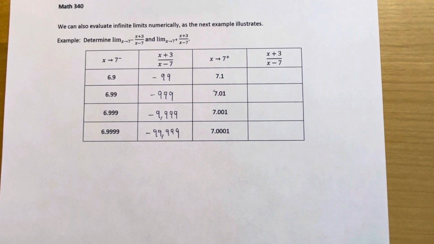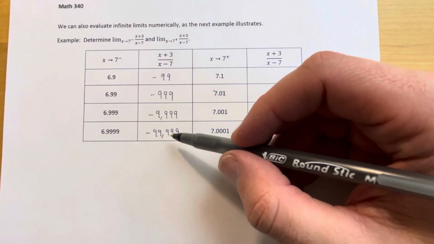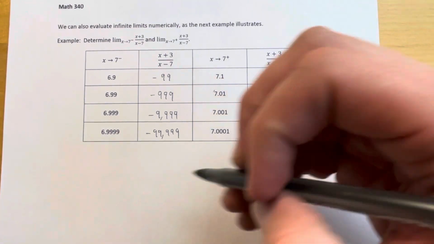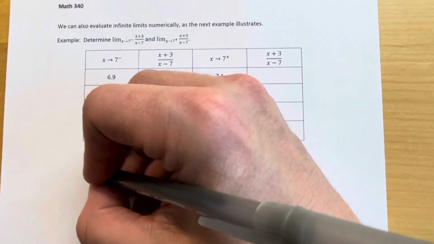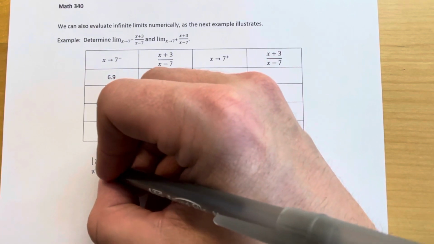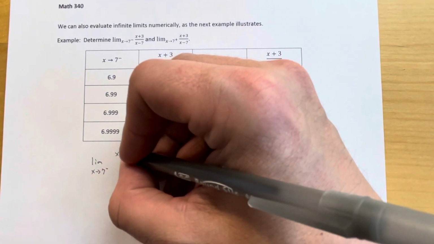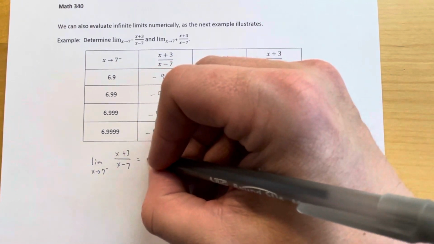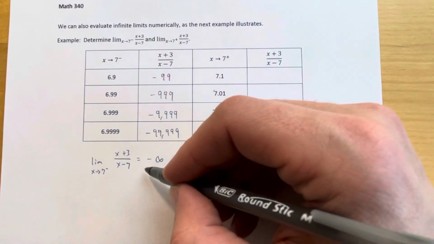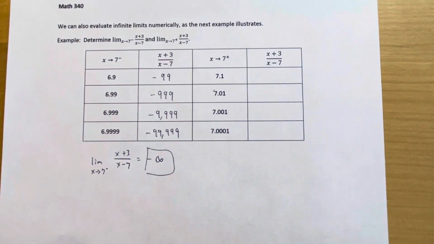It's getting smaller and smaller, and it doesn't appear to be leveling off in any way. So I would think that this limit is equal to negative infinity. So for part A, I would say that the limit as x approaches 7 from the left of x plus 3 over x minus 7 is equal to negative infinity. Okay, that would be my answer to that one.